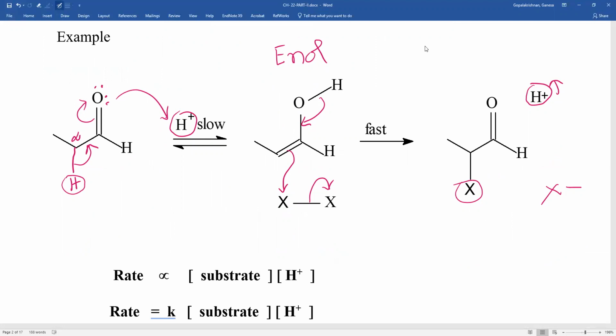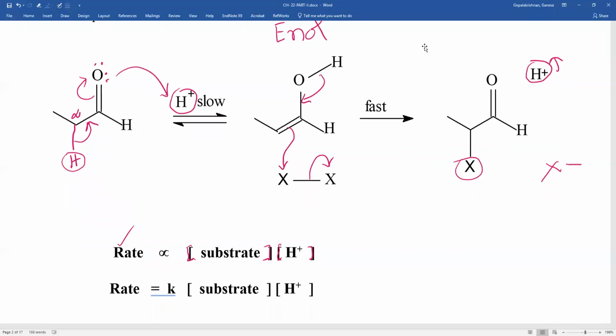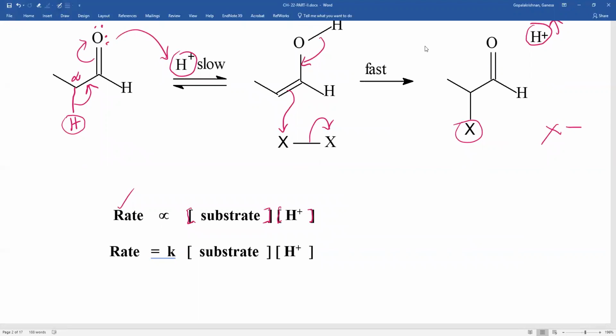It involves the aldehyde and the acid. So the rate of this reaction is proportional to the concentration of the substrate. The substrate is the starting compound, aldehyde or a ketone, and the concentration of the acid. I wrote this one as proportional.